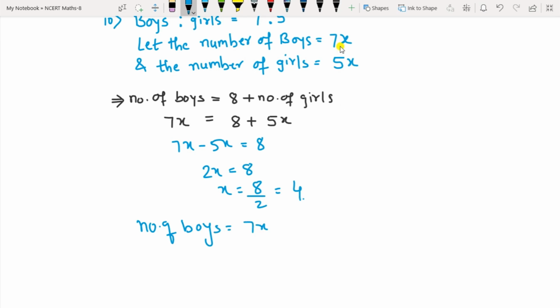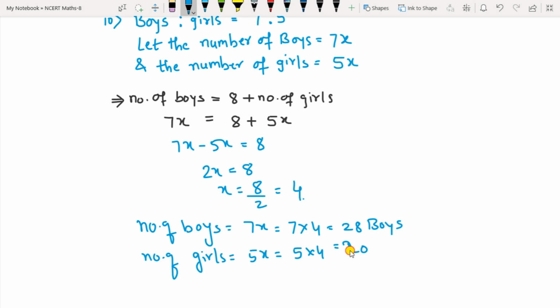Number of boys is 7x, that is 7 into 4, which is 28 boys, and number of girls is 5x, 5 into 4, that is 20 girls.